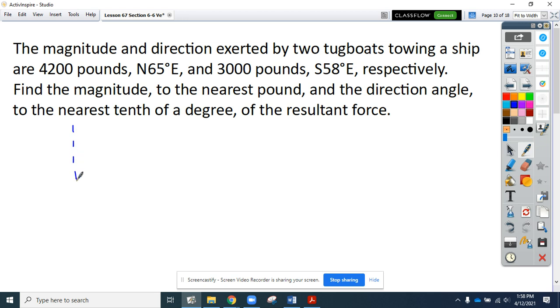So all bearings, we want to think about north and south, right? I actually don't need the east-west. I'm going to get rid of that line. All right, so we have our north-south. Here's the boat that they're working on towing. Okay.